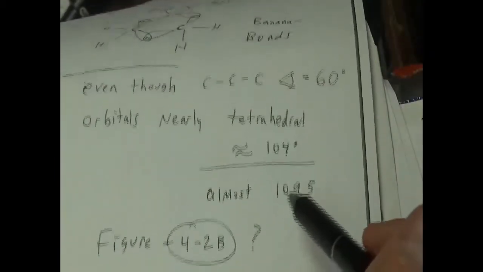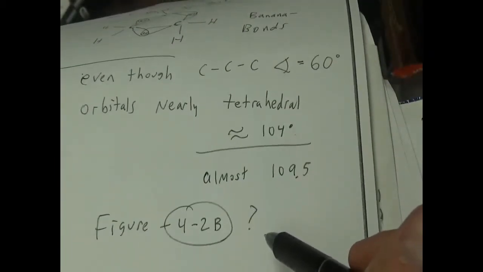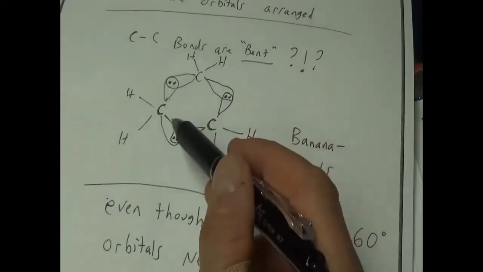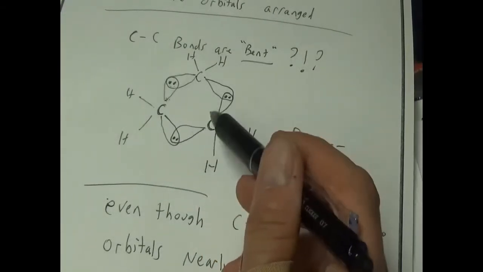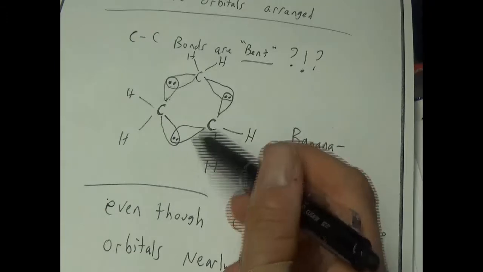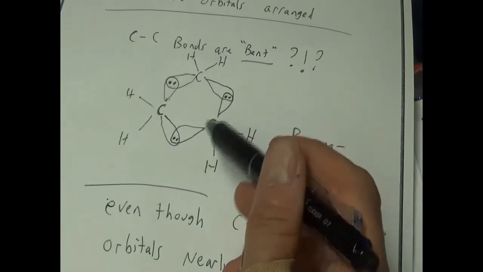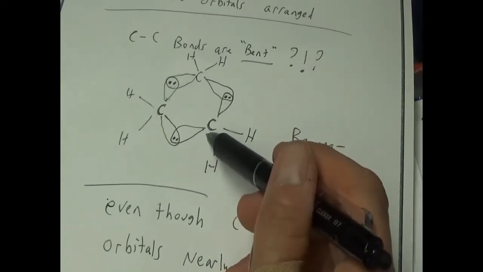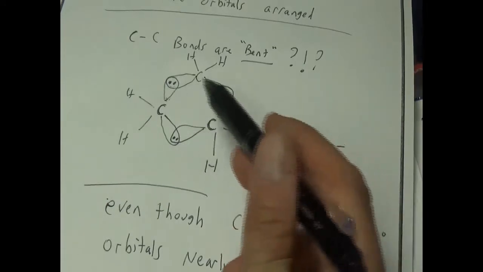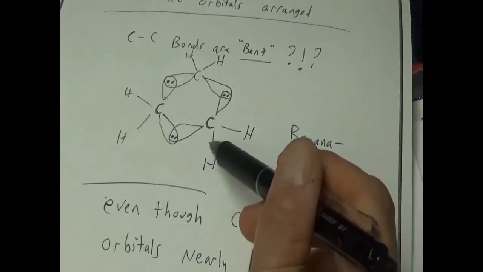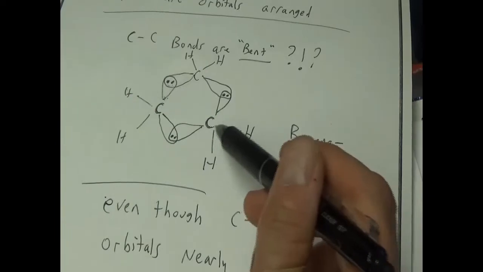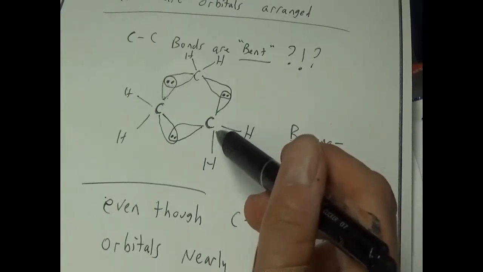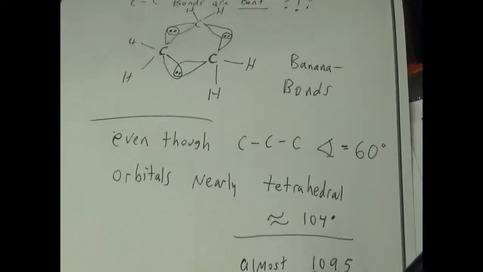All right, and the bonds are bent. Is it happy to have orbitals bent like this? No, it's not. That's why there's all that strain energy. This is a really unhappy way to accommodate the 3-carbon cyclopropane structure. That's why this is so unstable, and you get that big strain energy.